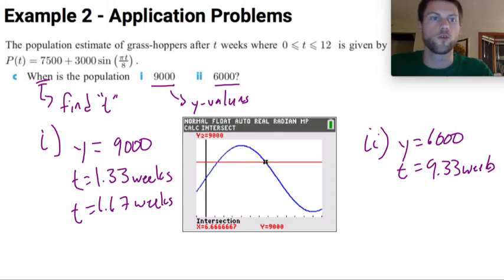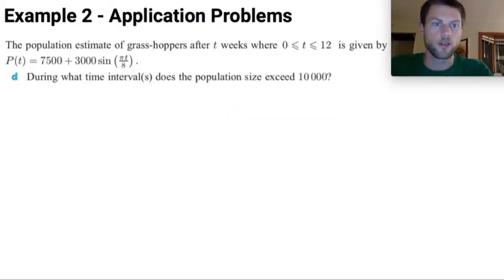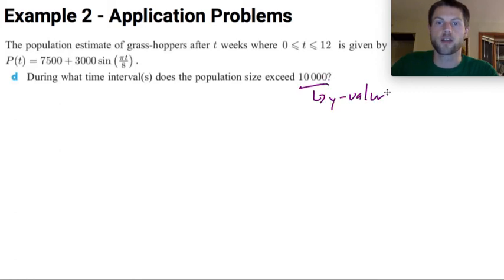Okay, moving right along. Letter D: during what time interval or intervals does the population size exceed 10,000? Once again, this is a y value, and I'm asked to find a time interval, so I'm looking for t.